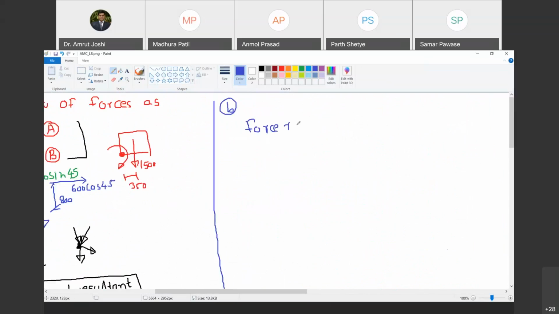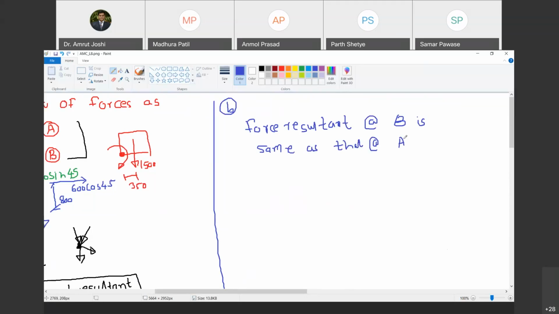So the force resultant at B is the same as that at A. Do you agree with me?